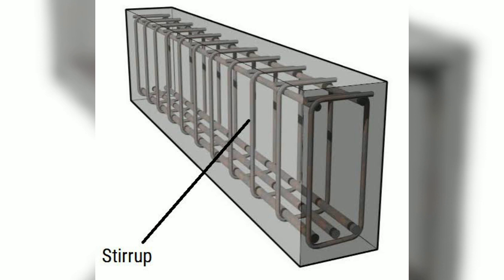The major parameters, as I said, are strength, stiffness, and ductility. The RC beam or any RC structural element comprises concrete, main reinforcement, and stirrups, and it has some dimensions.